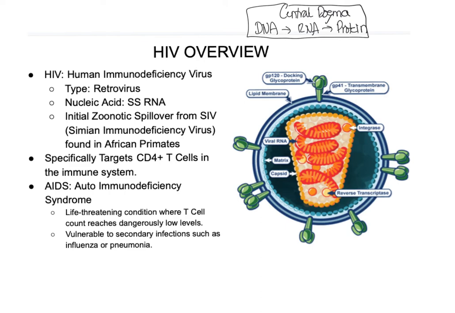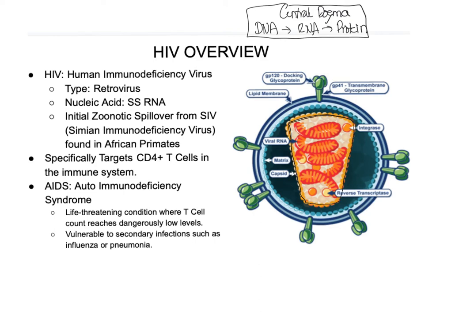Okay, so HIV, human immunodeficiency virus, is a particular type of virus called a retrovirus. And this virus has a couple of different components. It has something called a capsid, which is kind of this interior portion.